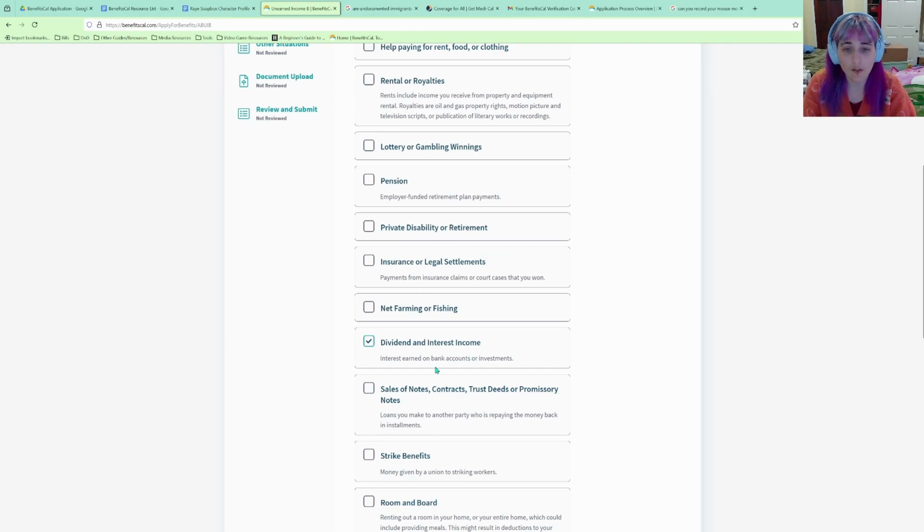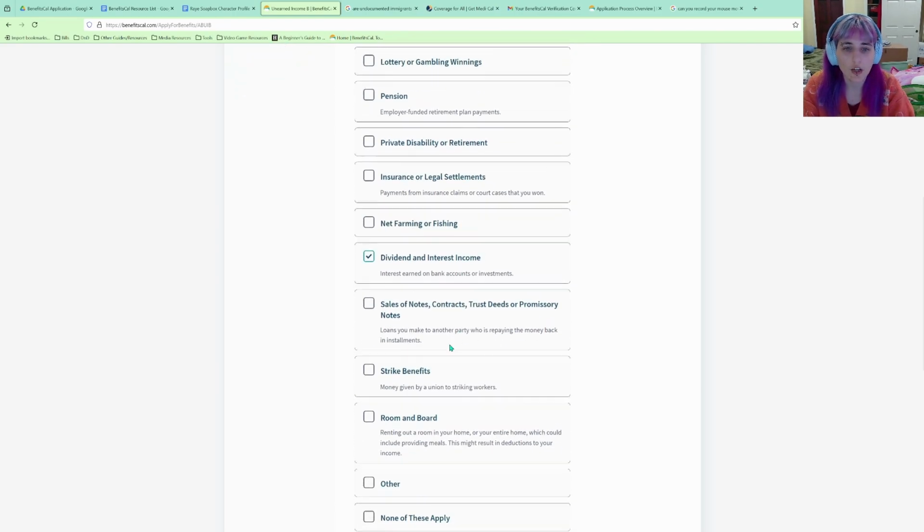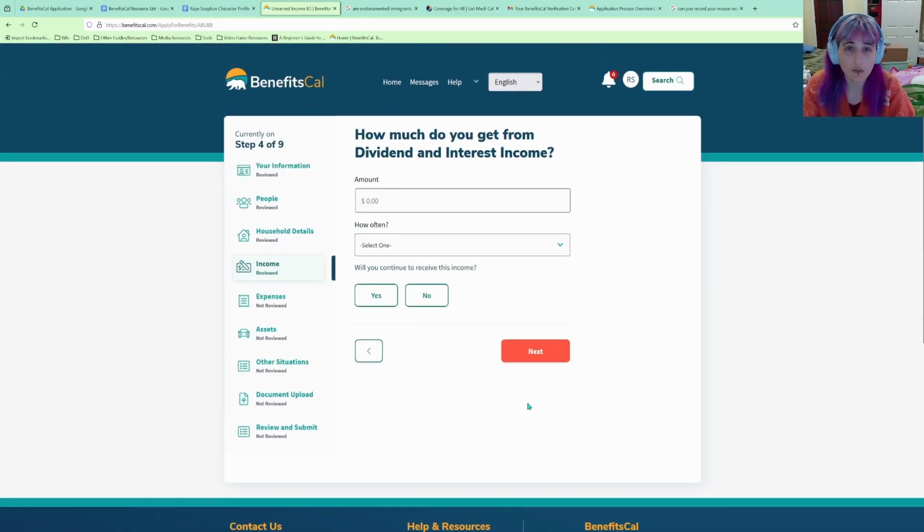So this is relevant to a lot of people, even if it's a little bit of money. Again, you're going to have to submit bank statements almost certainly to prove eligibility. So even if it's just a little bit of interest that you've earned, you probably want to account for this. Then sales of notes, contracts, trust deeds, or promissory notes, strike benefits, room and board, other, or none of these apply. So we picked the ones relevant to us.